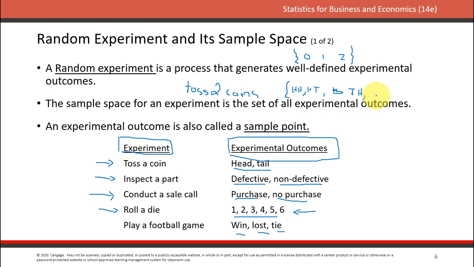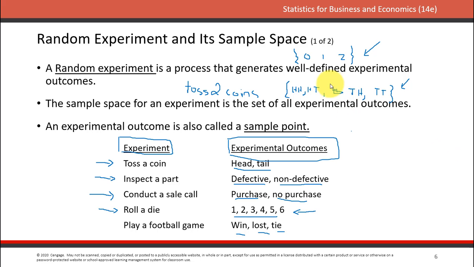This is tails on the first, heads on the second. And then the last outcome in this way would be tails and tails. So we could describe the set of outcomes this way, or we could describe it that way. Depending on what seems more useful, we'll choose one way or the other.